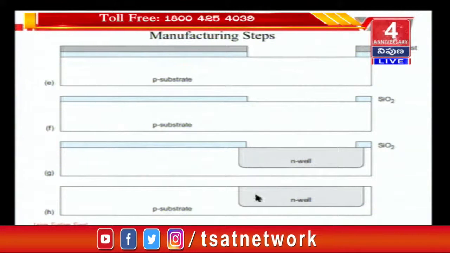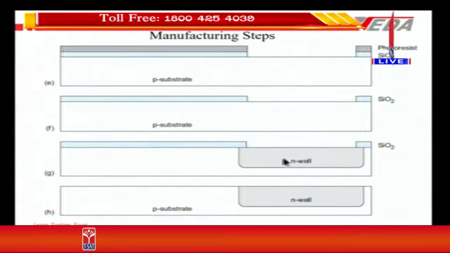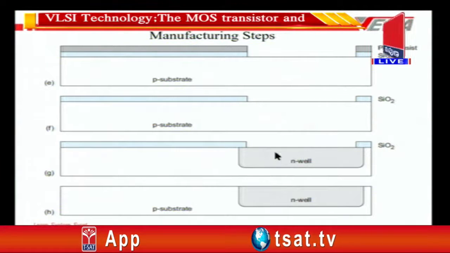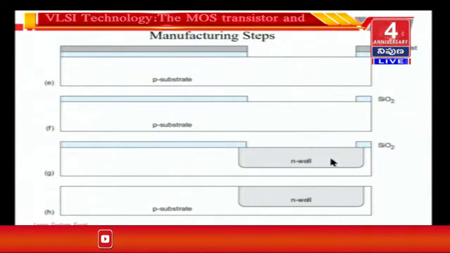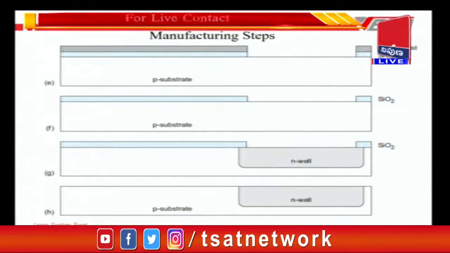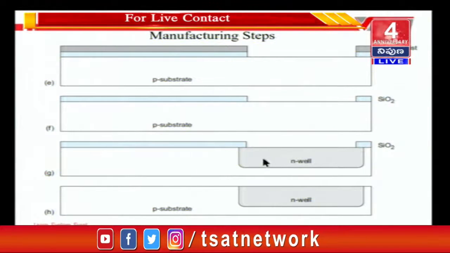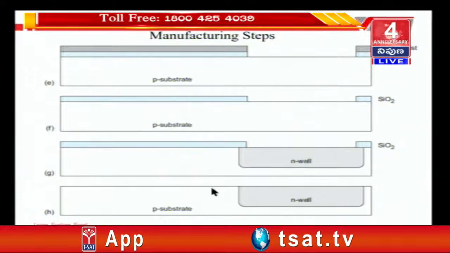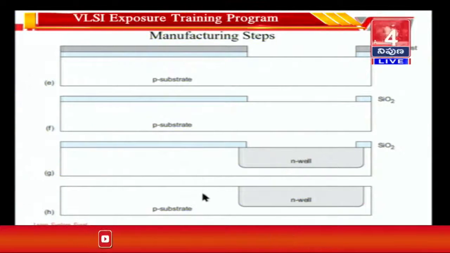Once this N-well is done, it gives the feeling of an N substrate inside which a PMOS transistor can be made. Everywhere that PMOS transistors are going to be made on a chip, such N-wells are made as the first step. Then after the N-well has been made, the silicon dioxide is washed out, and you are left with a P substrate with an N-well.